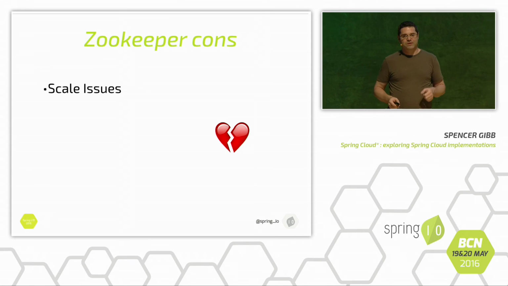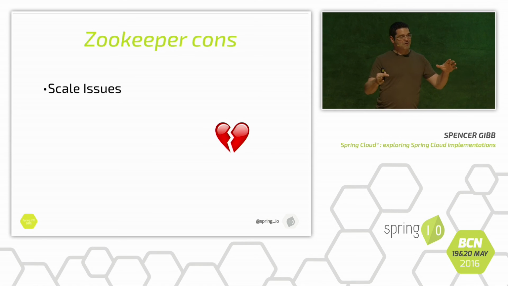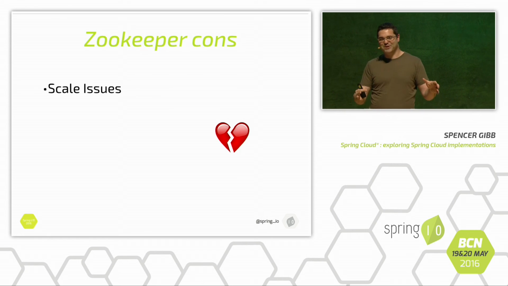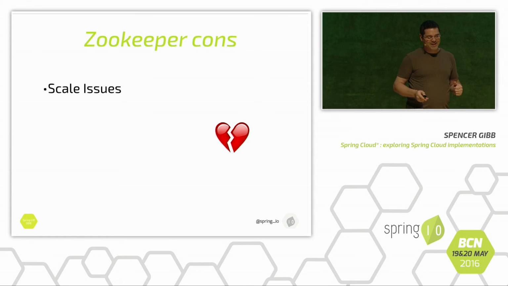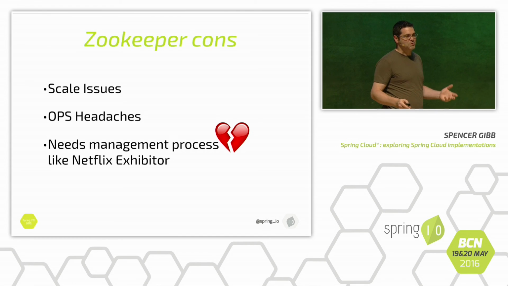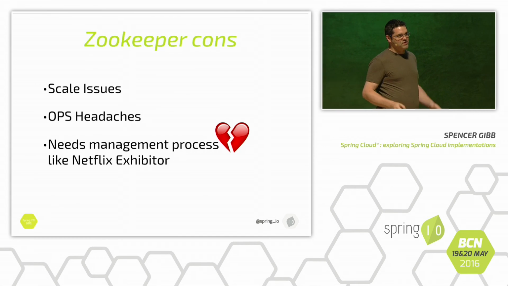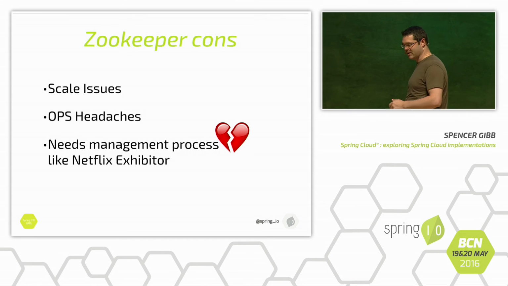There are scale issues that have been reported. So this section here, I have no personal experience with these cons, right? I've never run Zookeeper at scale in production. So these are some of the things I've read about. And if you know better than I do, I'd love to know. It can be difficult to operate and might need a management process because the Zookeeper cluster is fairly static, and a management process like Exhibitor will allow the cluster to be updated at runtime.